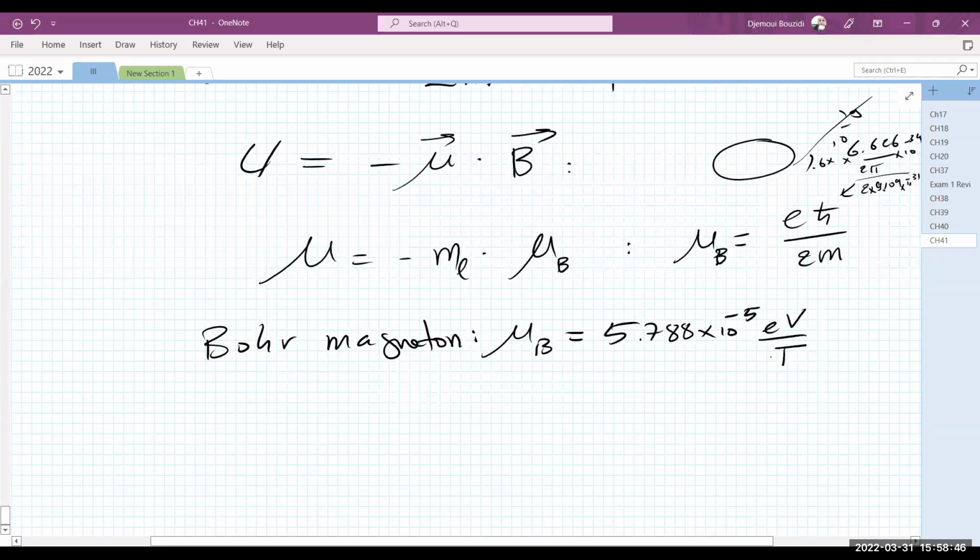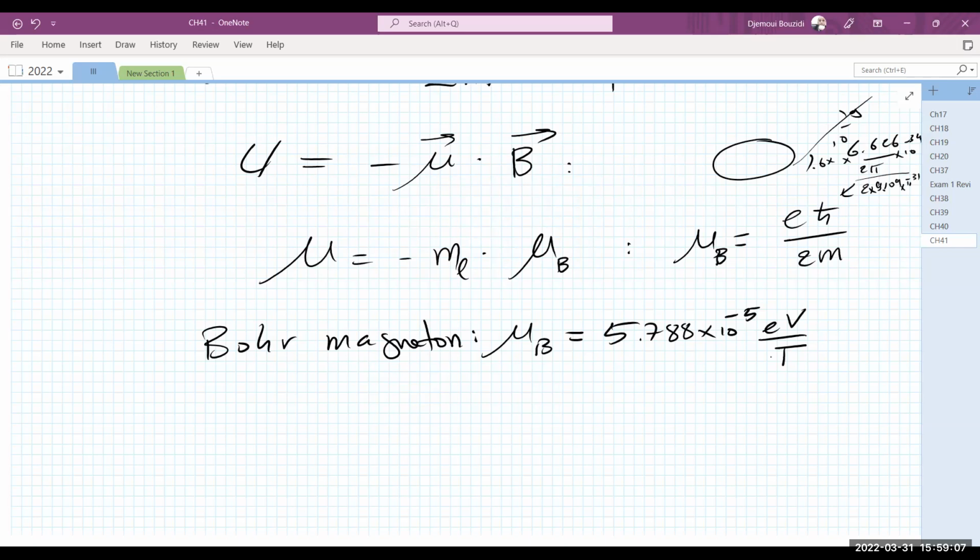You see, 1 Tesla of magnetic field will cause a tiny shift in the energy. 1 Tesla is a big magnetic field, by the way. So in the laboratory, if you manage to have 5 Tesla or 2 Tesla or even 0.4 Tesla, you should see significant shift in the energy levels.